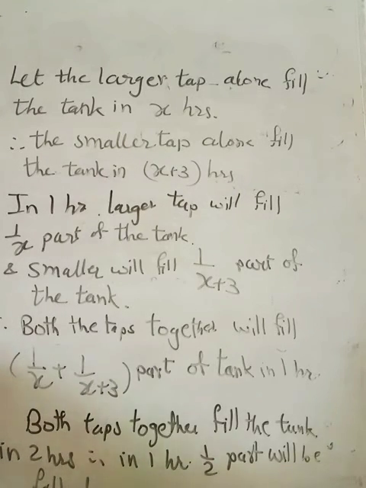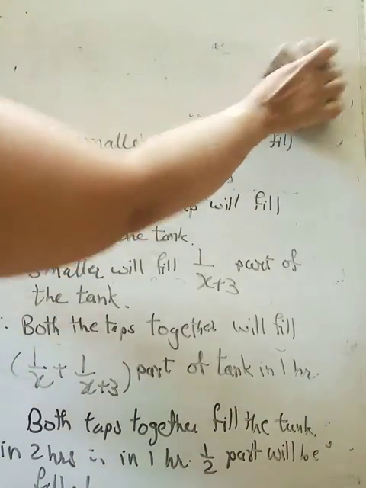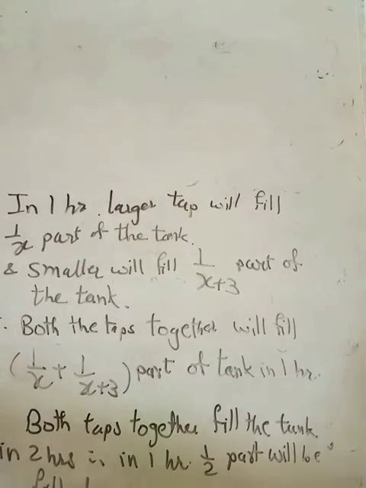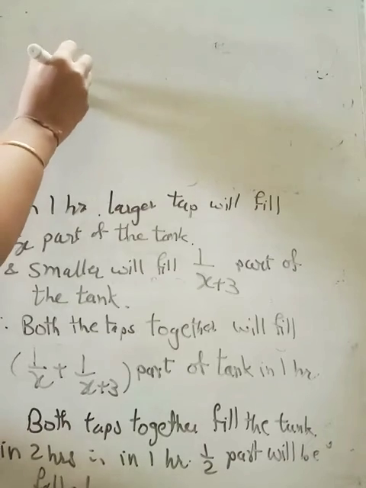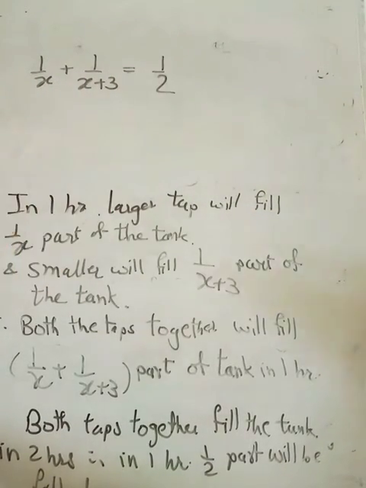So we will equate this to half now, and then we will get the equation. So 1/x plus 1/(x plus 3) is equal to 1/2.